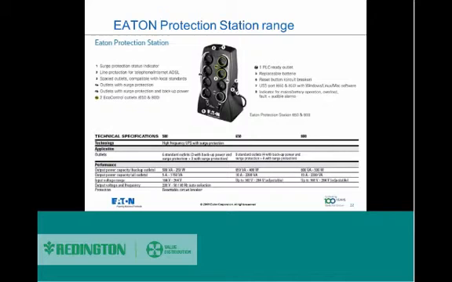The range starts from 500 VA to 800, so there's 500, 650, and 800 VA available for this particular unit. Again, a couple of features: there are lots of indicators. There are a few sockets which are specific for surge protection, while the other ones do both functions, backup as well as surge protection.